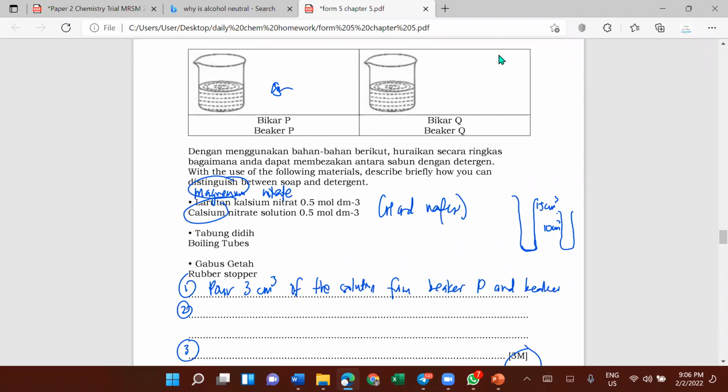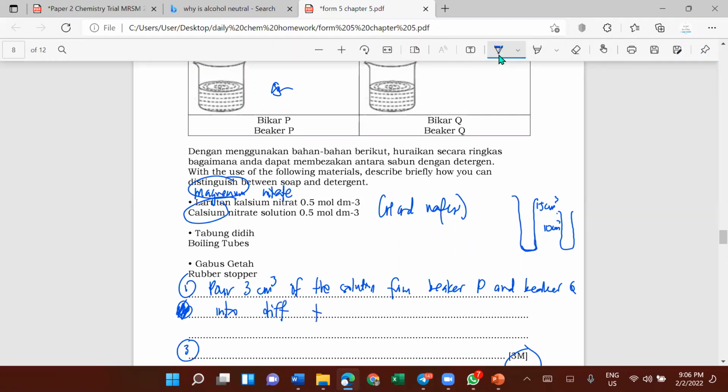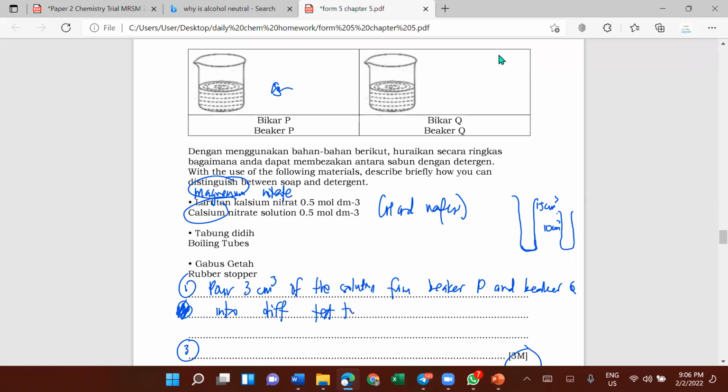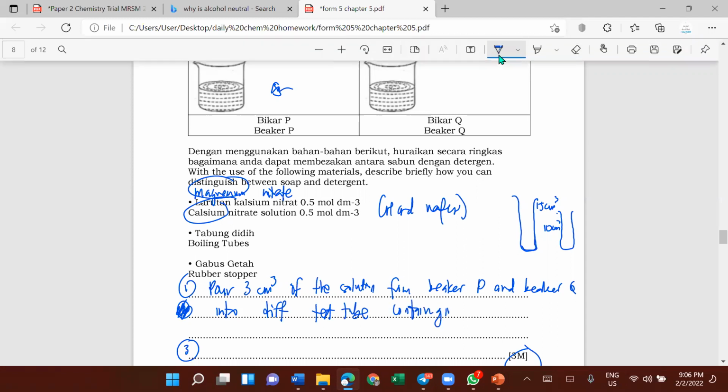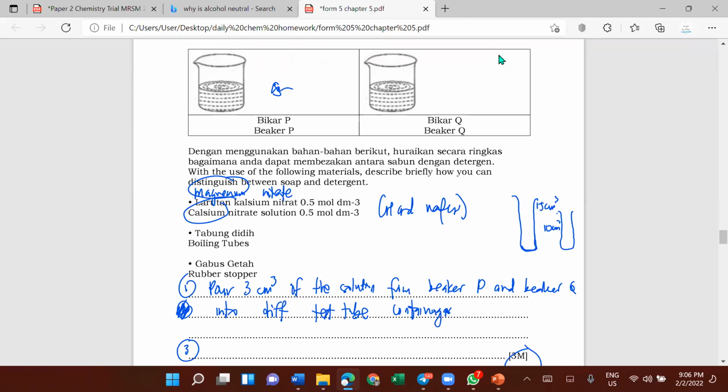and beaker Q, number 2 here, into different test tubes. In these test tubes, they already contain 5 cubic centimeters of calcium nitrate solution.